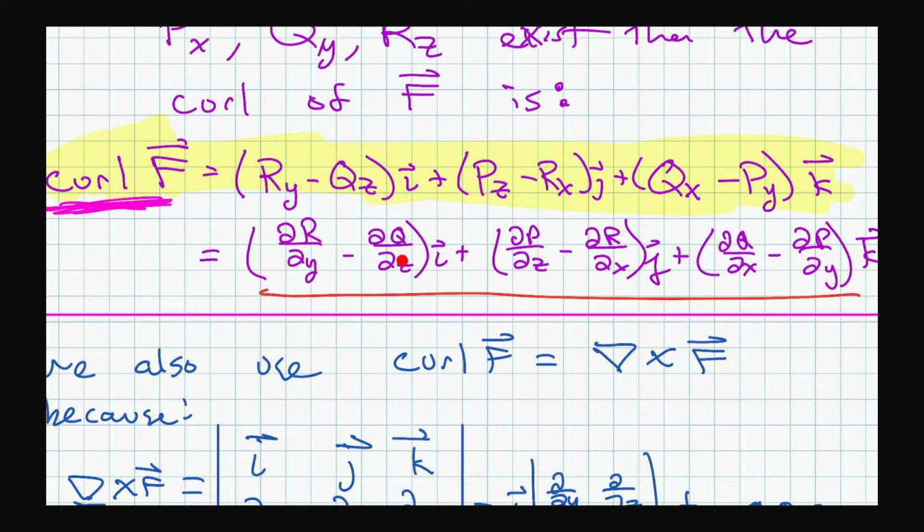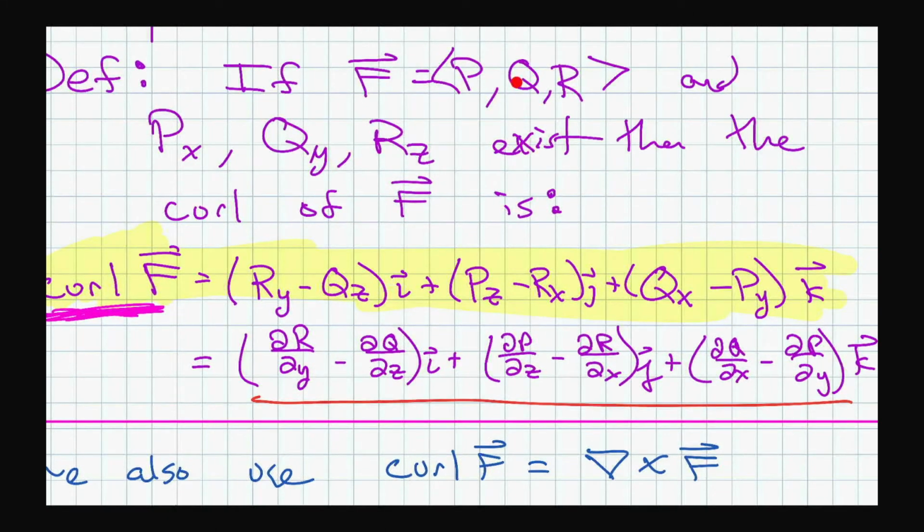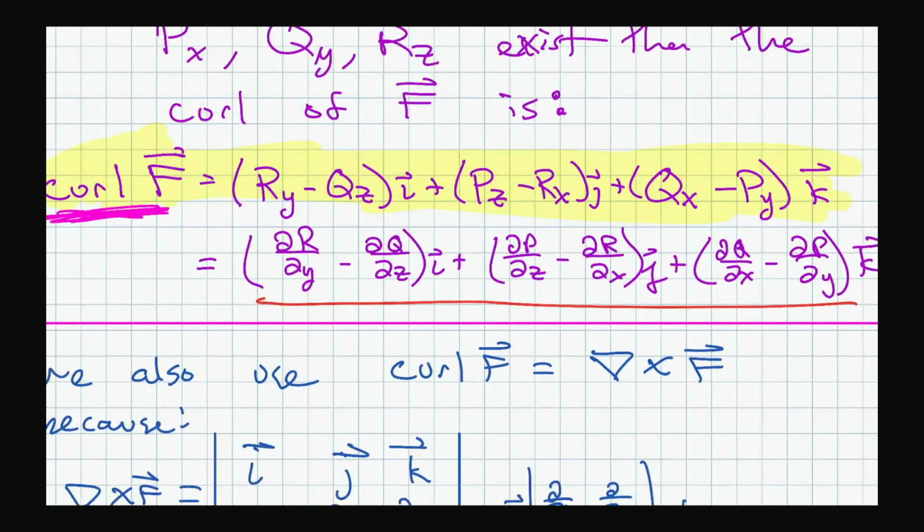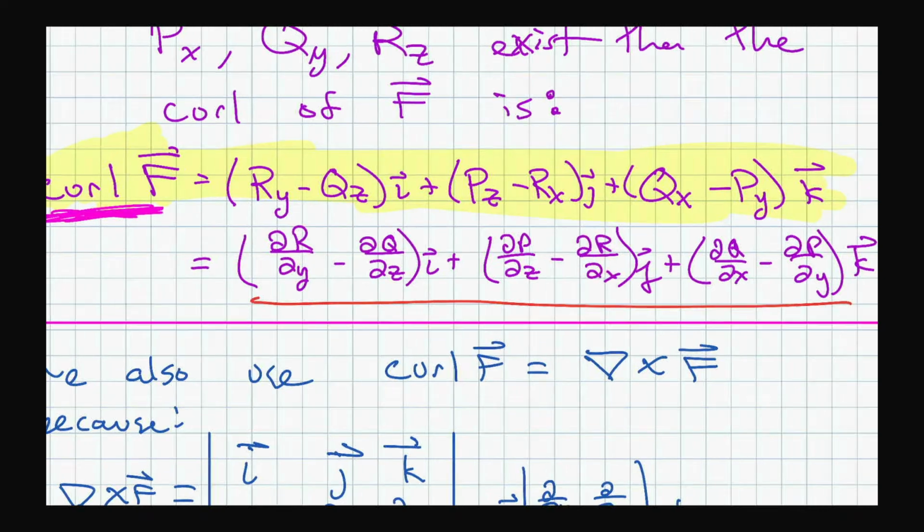Dq dz is zero because there are no z's, right? If we've only got two components, we're doing x's and y's, no z's. So if all there are is x and y, no z, and all there is p and q, no r, then this is zero because there's no r, this is zero because there's no z, this is zero because there's no z, this is zero because there's no r.